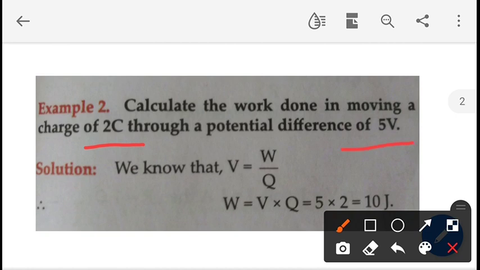So you put 5 volt in place of V and 2 coulomb in place of Q, and in this way you get 10 joule of work. So how much work is done? 10 joule. In what is it done? In moving 2 coulomb charge by a battery of 5 volt.